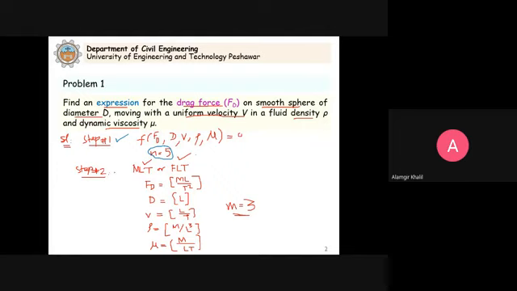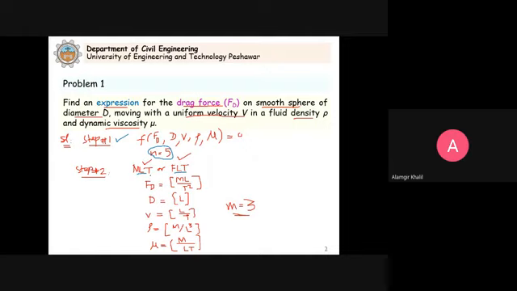Step number two is that we have to select either the MLT system or the FLT system, mass length time or force length time, because in the method of dimensional analysis we have to use the dimensions of these parameters. As we discussed in the previous lecture, these two are related to each other by Newton's second law.